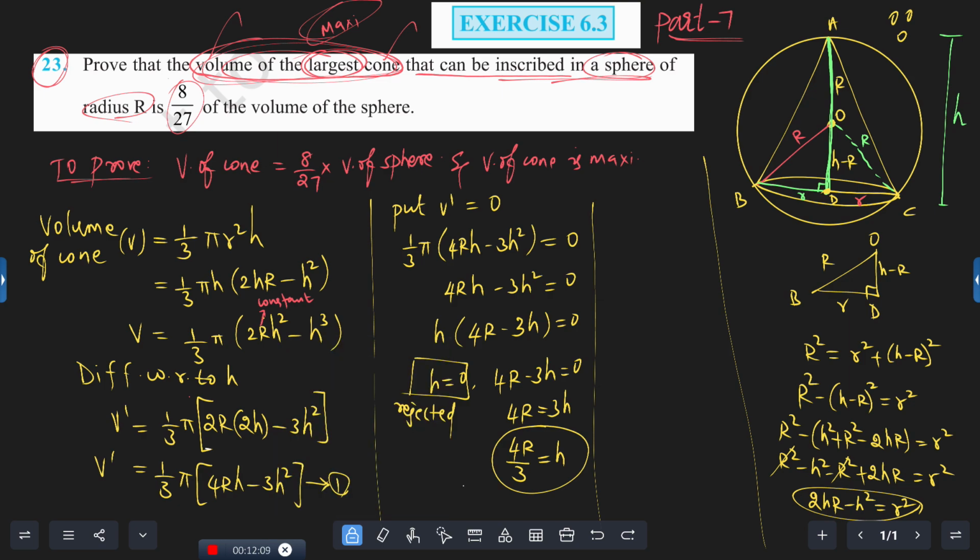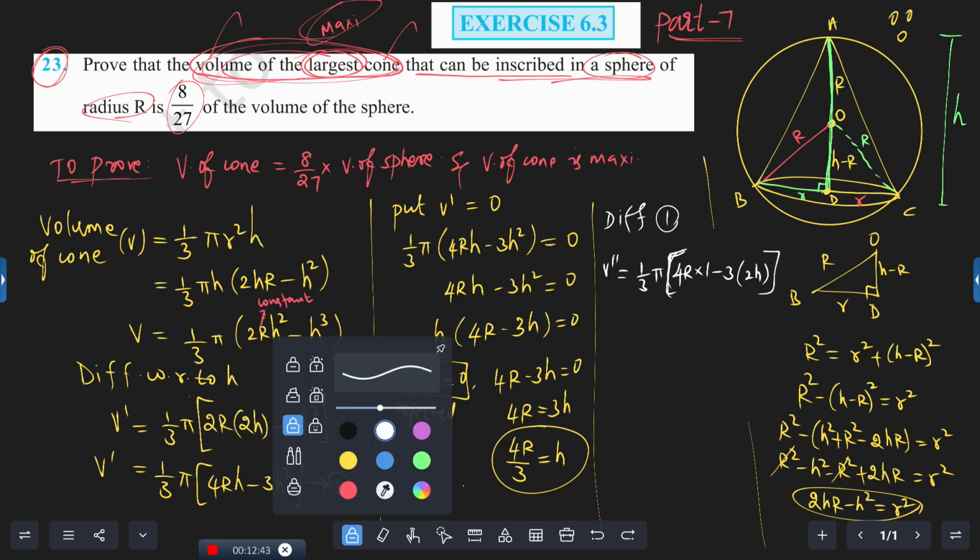So differentiate once, so that V double dash is equal to 1 by 3 pi into 4 capital R, constant, let it be as it is, and h value when you differentiate once, minus 3 constant, let it be, into h square, when you differentiate, 2h you will be getting. 2 times h, that's it.